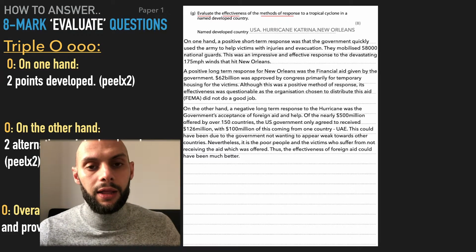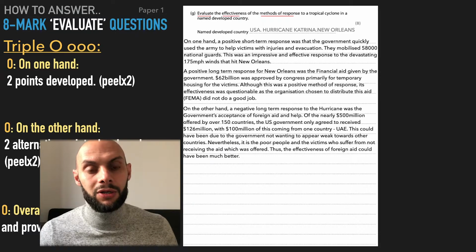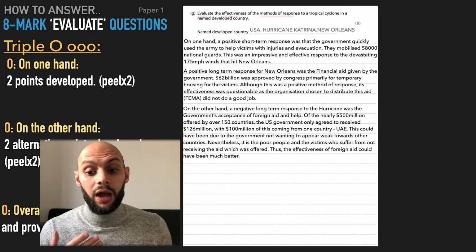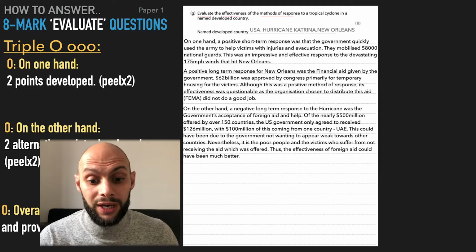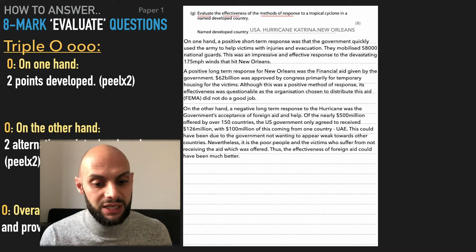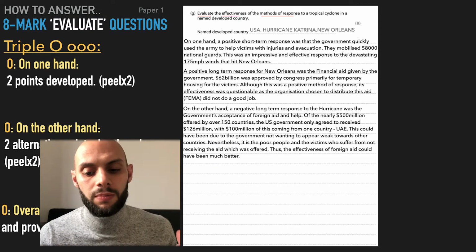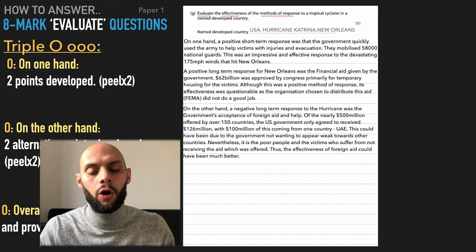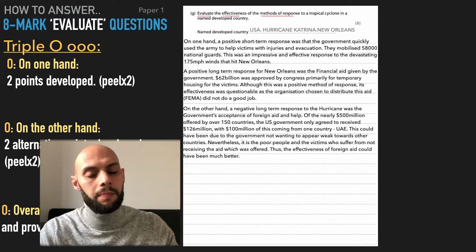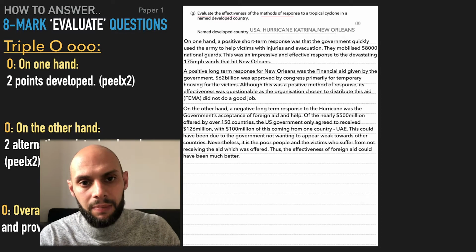So this is something which you can remember because it's a big deal, okay? Nearly $500 million was offered to the US in terms of foreign aid, but they only agreed to receive 126 million. So when they are offering $500 million as foreign aid, they're offering it for the victims, but the US declined to take that money.